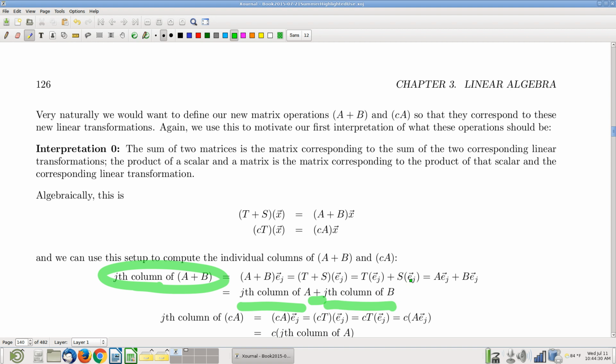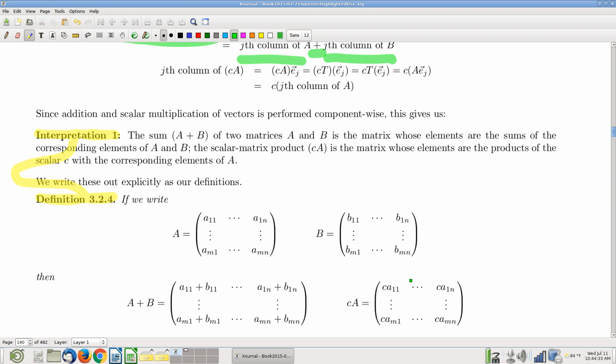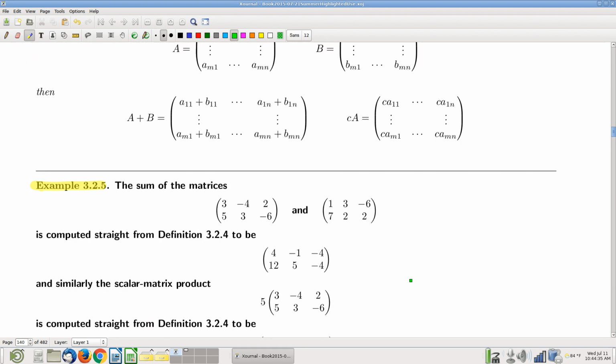So in other words, you add matrices exactly the way you would kind of hope. So for example, if you want to add this and this, well, the first column is just that column plus that column, exactly as you would think. Or even more conveniently, each entry is just the sum of the corresponding entries in the original matrices.